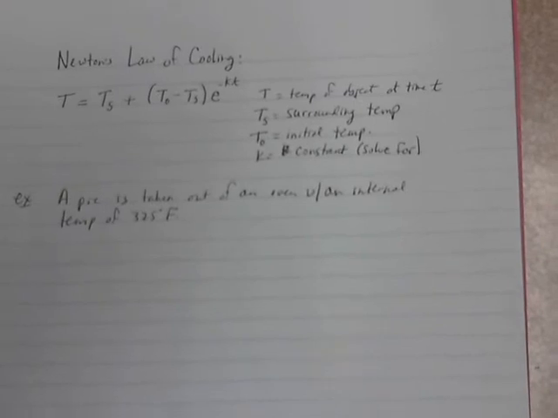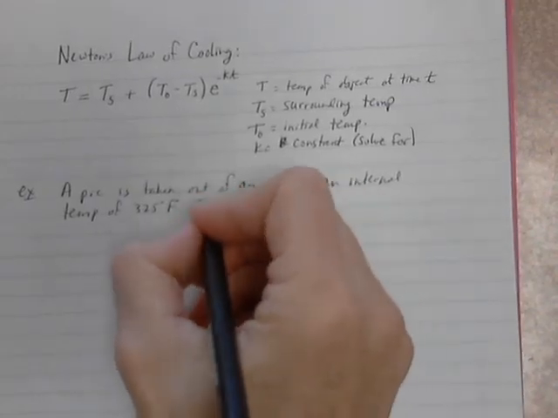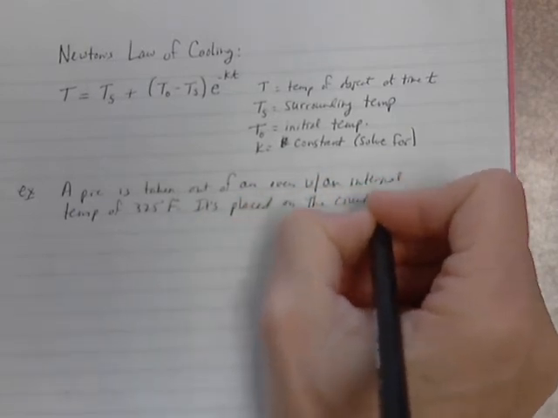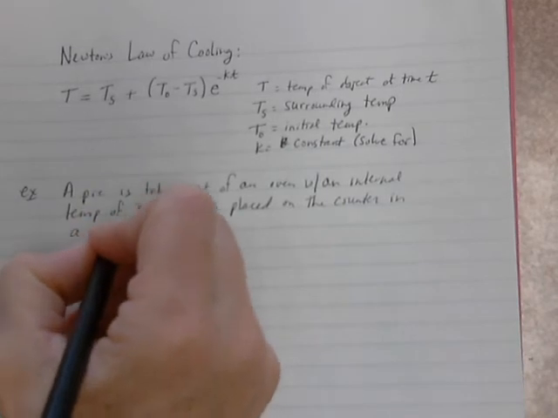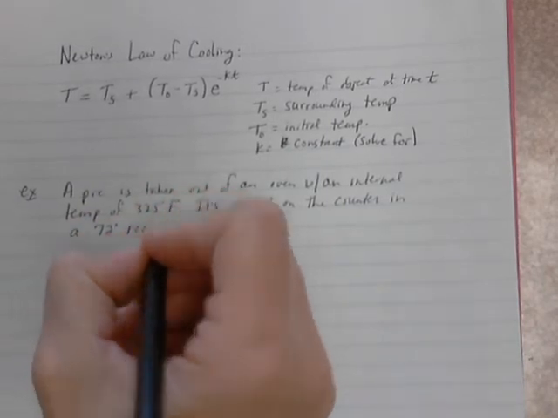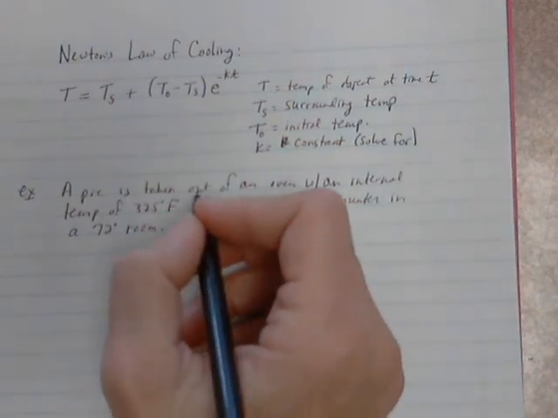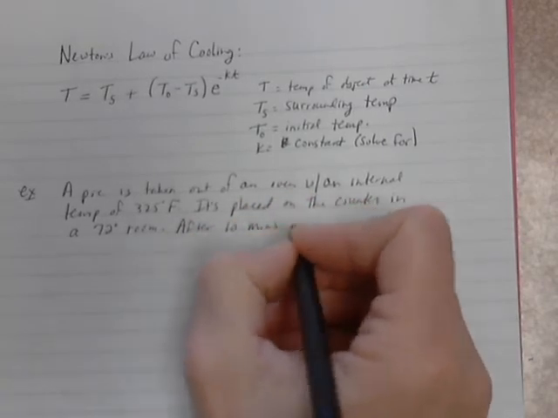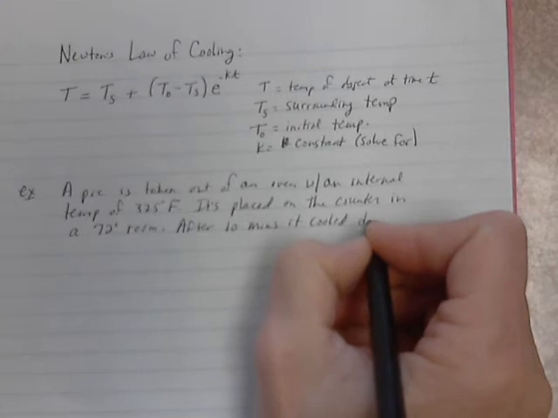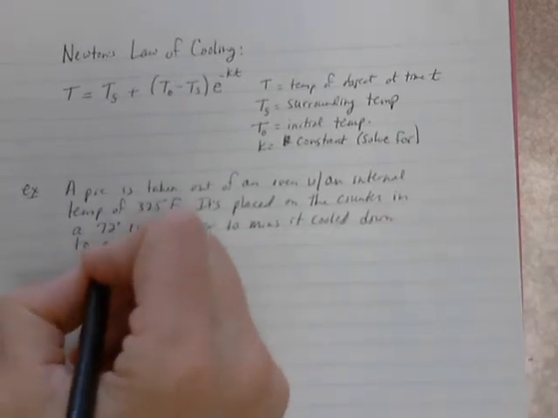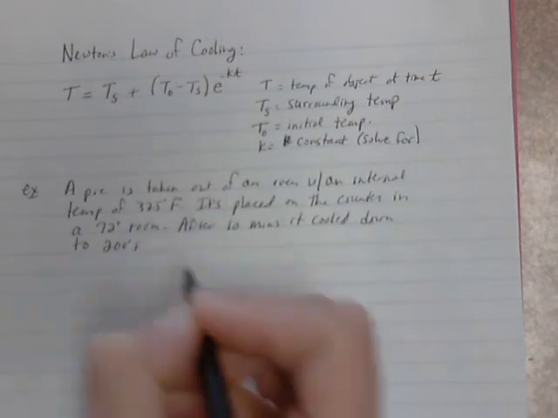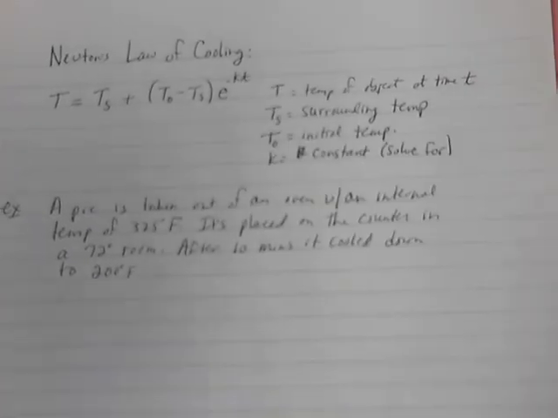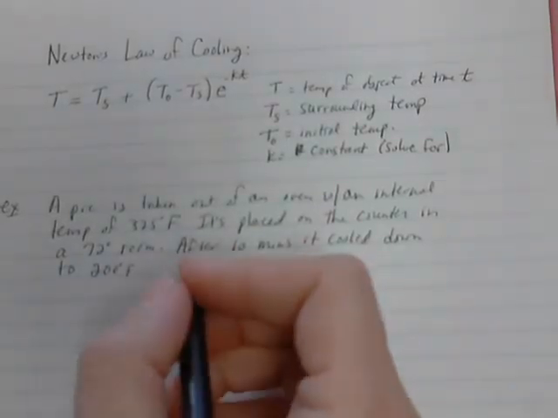It's placed in a 72-degree room on the counter. And after 10 minutes, we took the temperature and it cooled down to 200 degrees. And all these are in Fahrenheit. What's going to be the temperature after 30 minutes out of the oven?